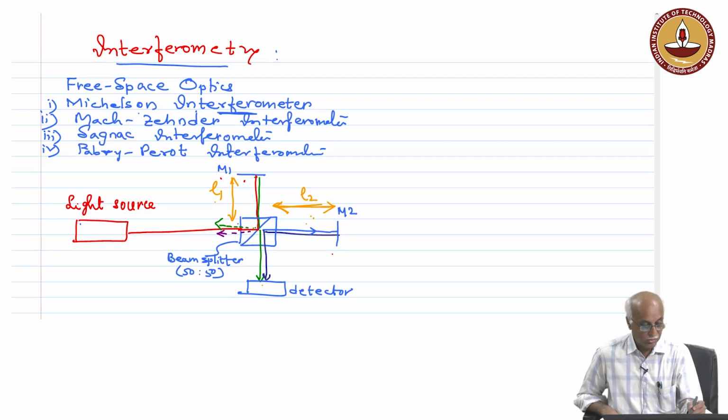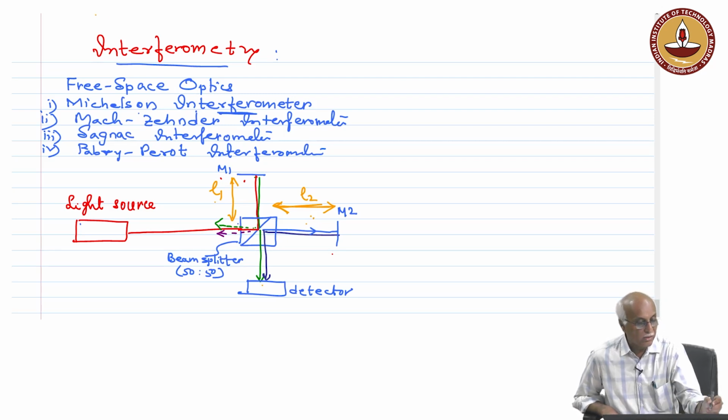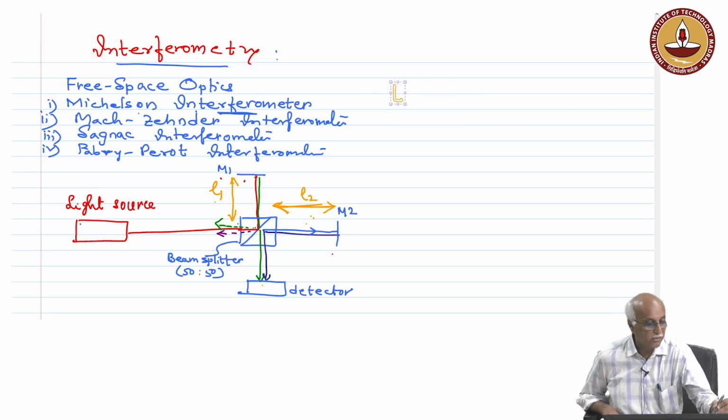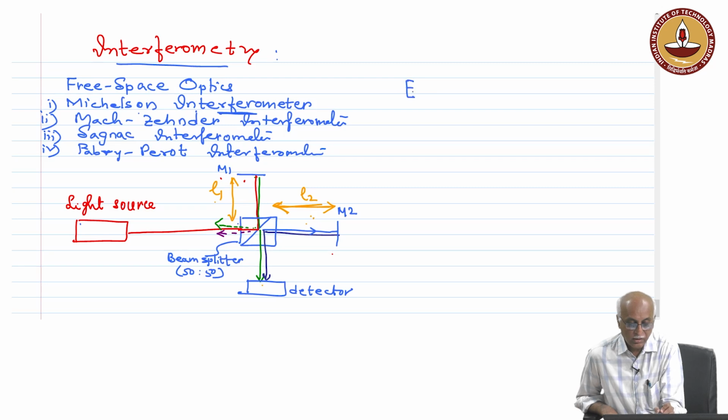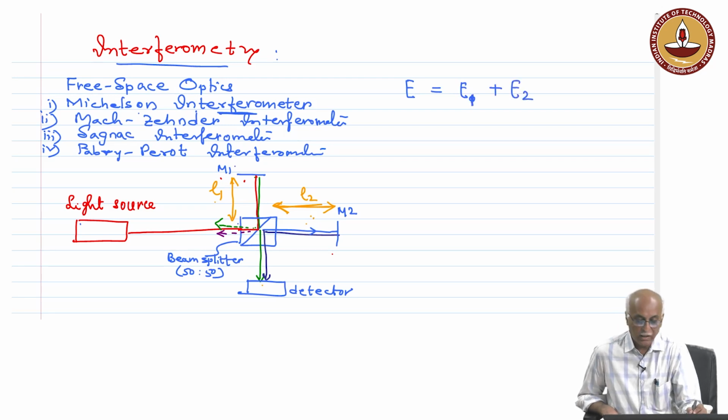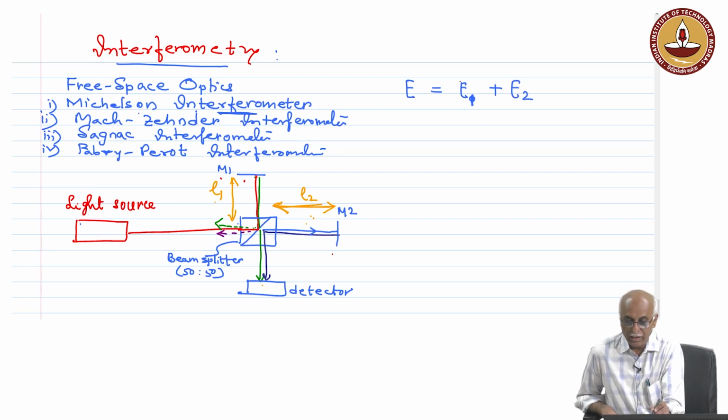So basically what we are trying to do is total, this may not be readable, so we'll take some other space. Let's say the total electric field is a combination of two components: one is E1, and the other one is E2, along the two arm lengths, amplitude wise.